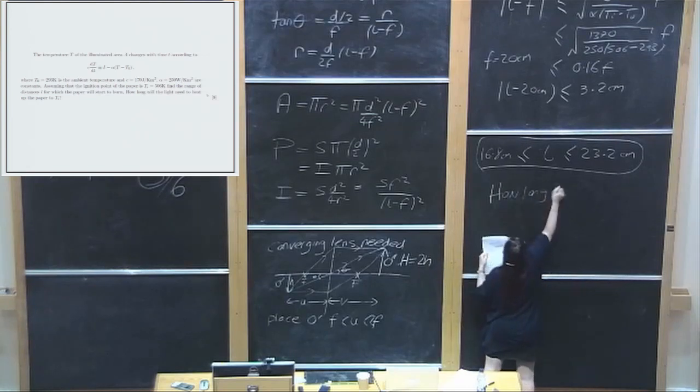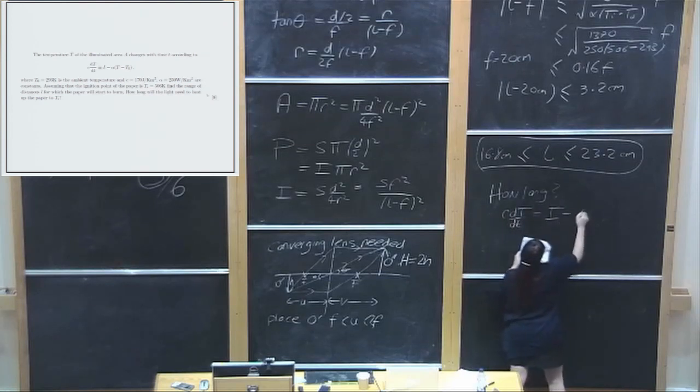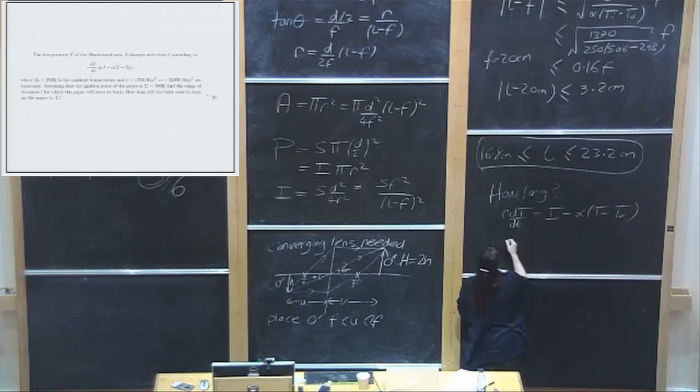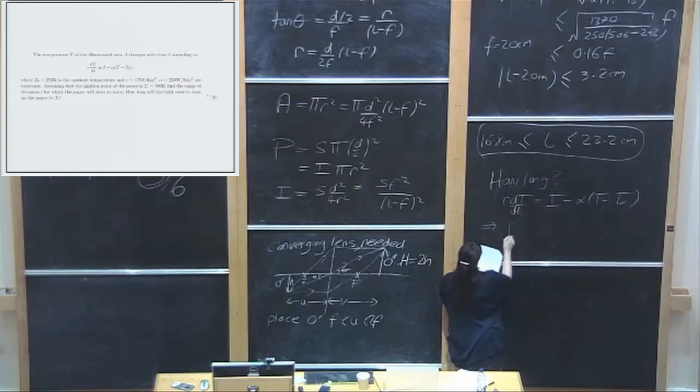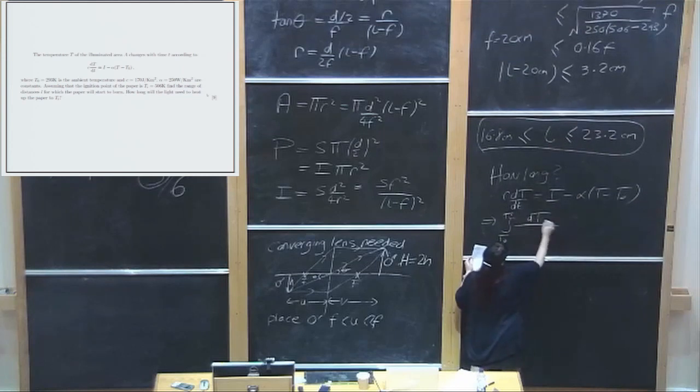This is the bit where you just need to actually solve the differential equation. So this is the thing we need to solve. My limits are going to be from the ambient temperature T0 up to the ignition temperature. This is just a separable equation.